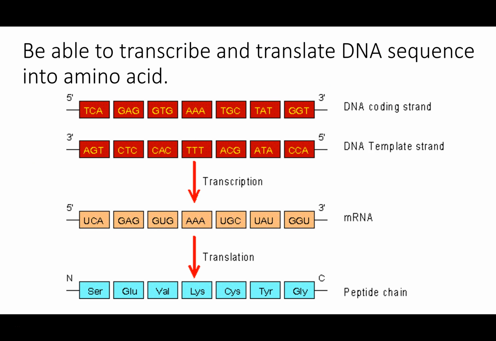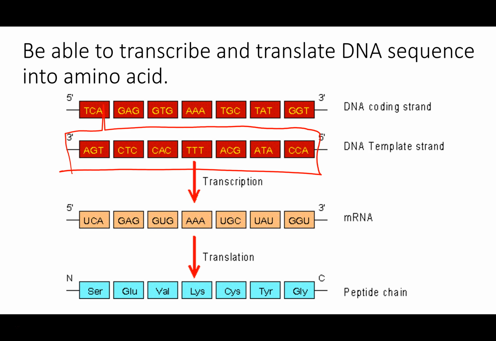Next, you need to be able to transcribe a DNA code into mRNA, and then based on the mRNA, do translation by writing out the amino acid sequence. So during the test, I will give you a sequence of DNA, and then you're going to use this sequence of DNA to do transcription.